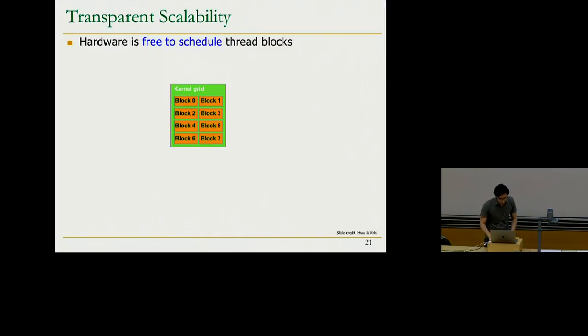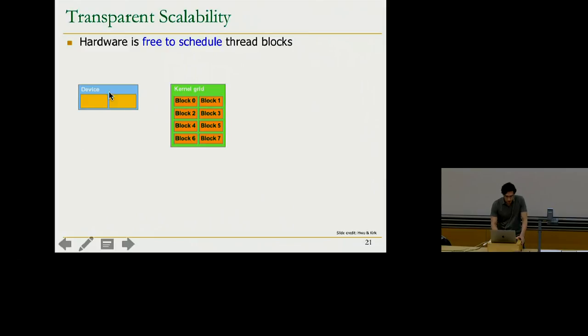So if I define a kernel grid in which, for example, I have 8 blocks, I want this code to be compatible with every GPU, at least from the same vendor, from NVIDIA, for example. So what I will do is schedule the thread blocks in a way that will depend on the underlying hardware, on the specific number of cores that I have in my hardware.